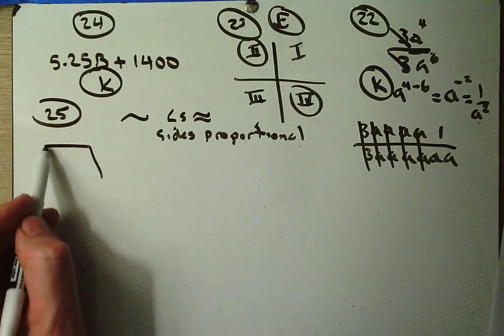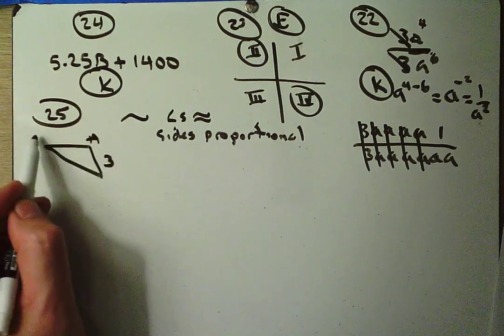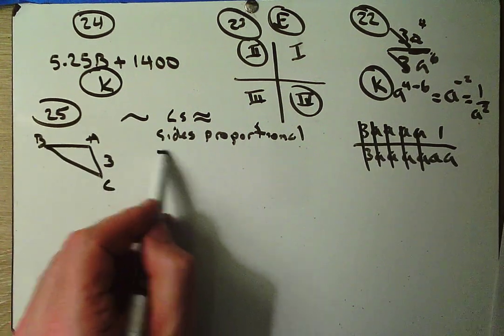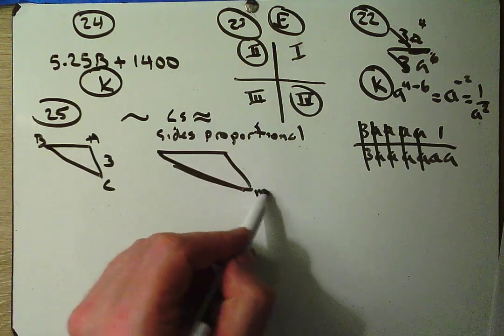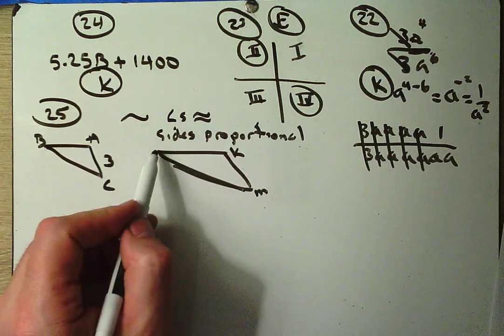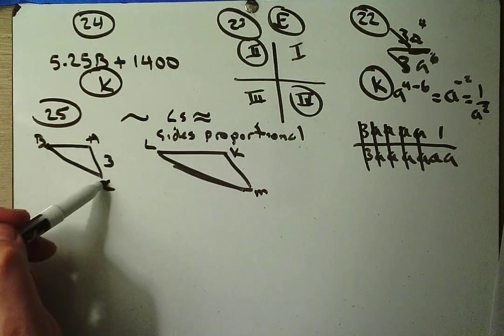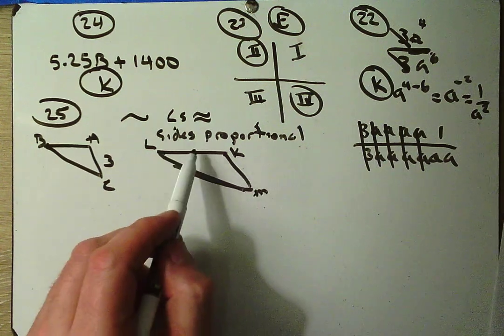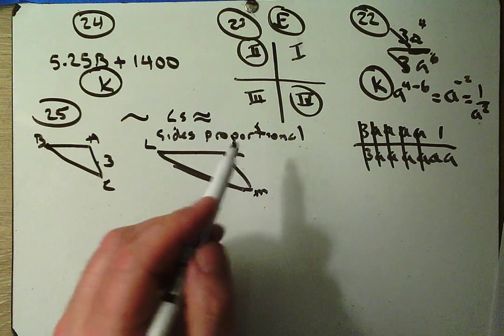They have this little triangle, and they say ABC, and then they say KLM. Well, we know that ABC is similar to KLM, which means that this side is proportional to this, and this side is proportional to this.